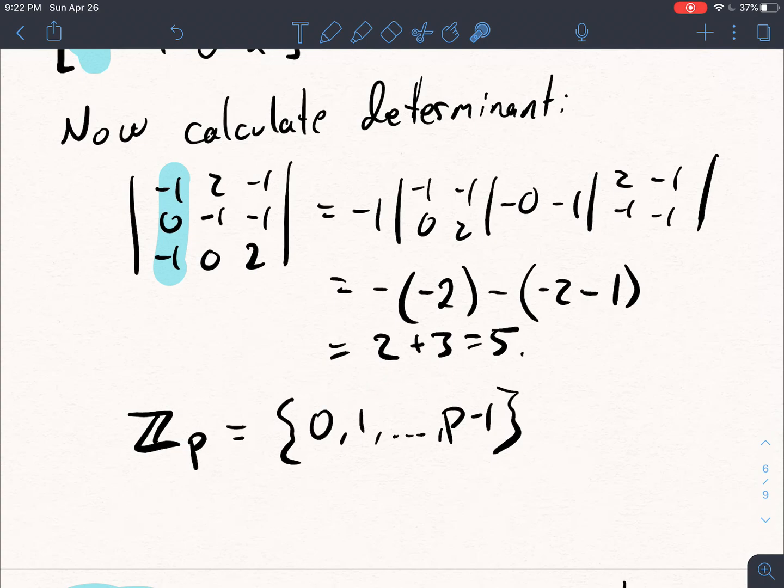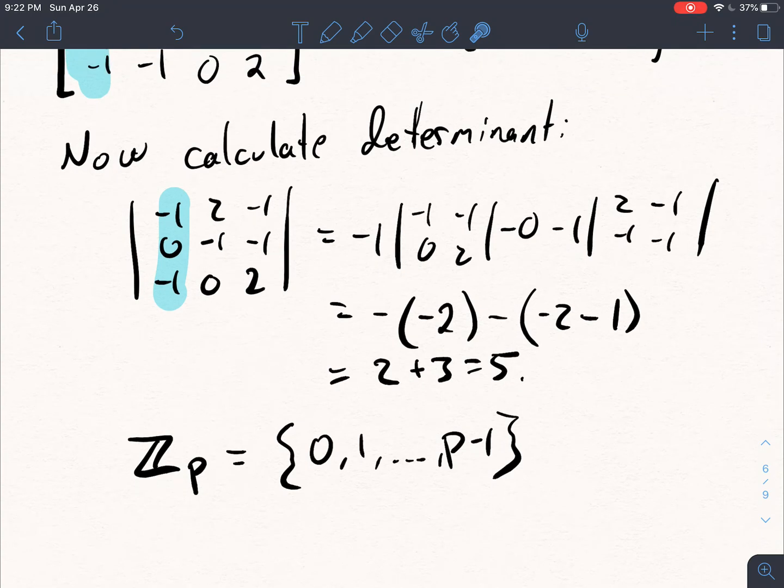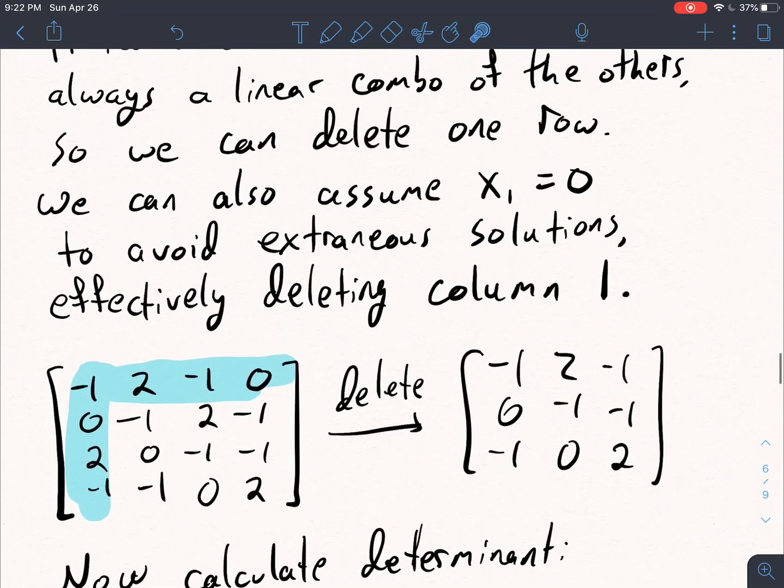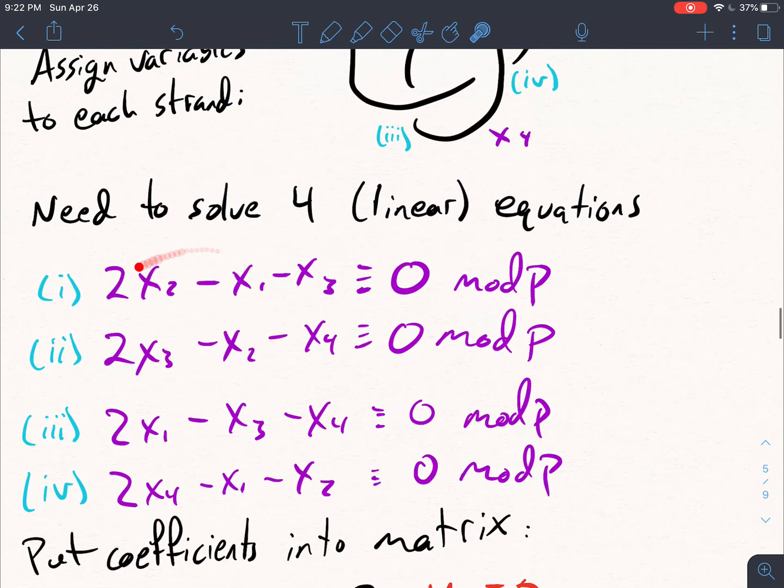So if p is a prime, then this is something that you would call a field. I won't talk about what that means exactly, but the idea is that multiplicatively, any number in here that's not equal to 0, there is a different number that you can multiply it by to get that it's equal to 1 mod p. So basically it means that you could divide.